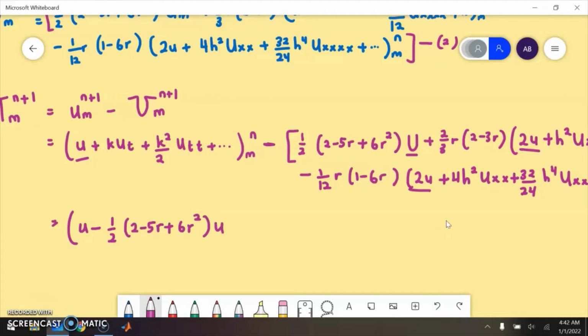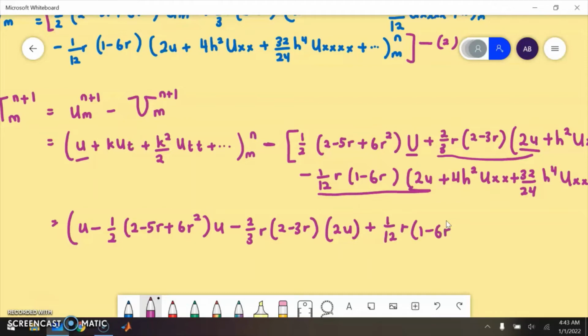Okay, we have one term here. And then this term here with u, but don't forget the negative sign, 2 over 3r (2 minus 3r) times 2u, and then this term here, but negative will be positive, 1 over 12r (1 minus 6r) times 2u. Okay, this is at m, n. Now I'm going to continue here.